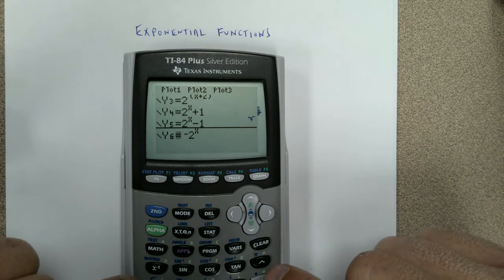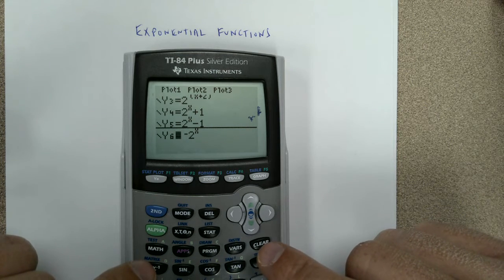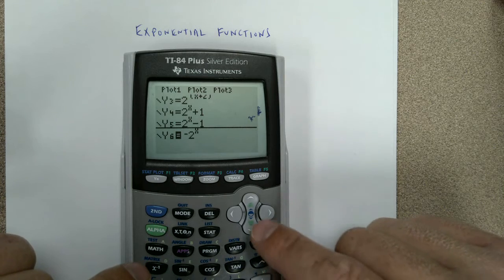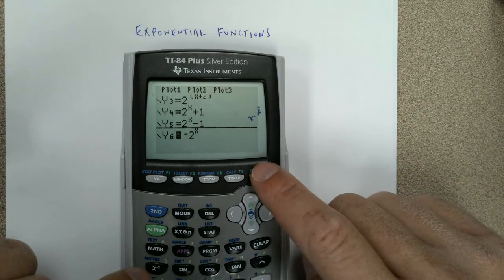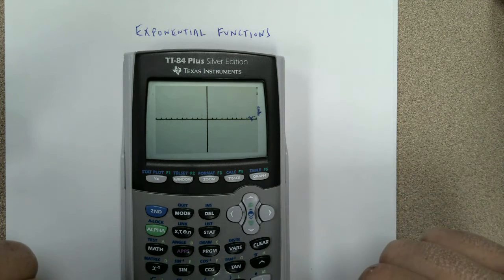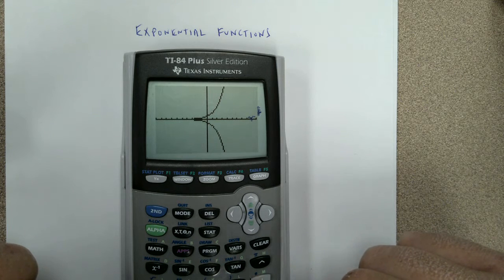Now if we put a negative in front of the value, so negative 2 to the x, let's take a look at how that affects the graph. So there's my original curve. And you can see that when I put a negative in front, that's going to make it reflect across the x-axis.